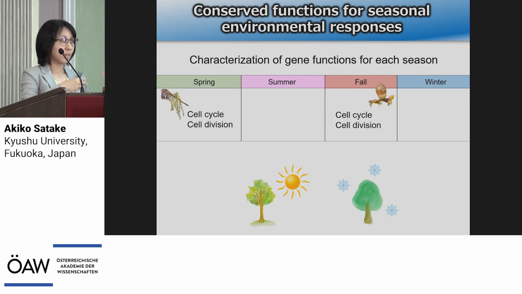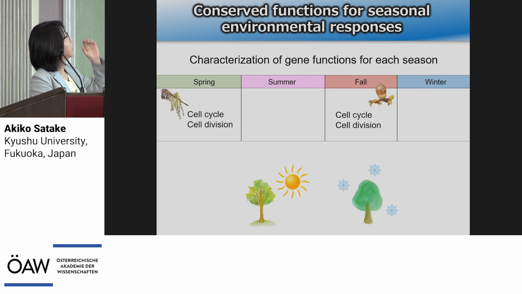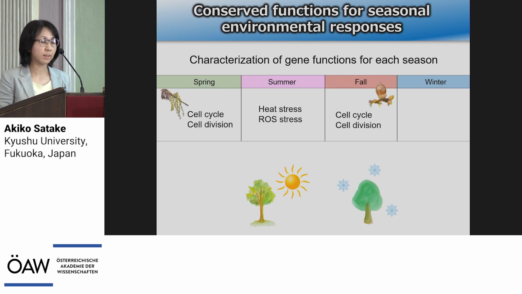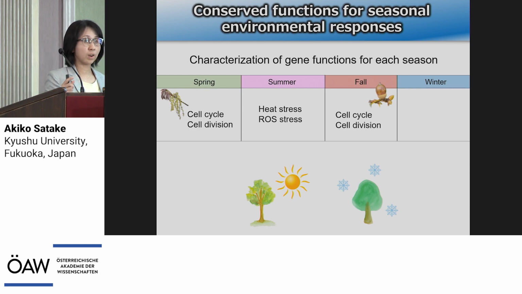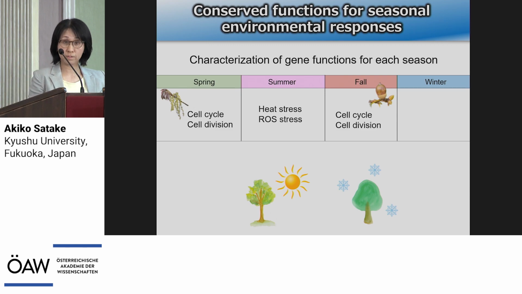So which means the cell proliferation is occurring very frequently in spring and fall. And in summer, when the heat and drought stress is severe, a lot of genes involved in heat stress and drought stress are expressed. That really makes sense.